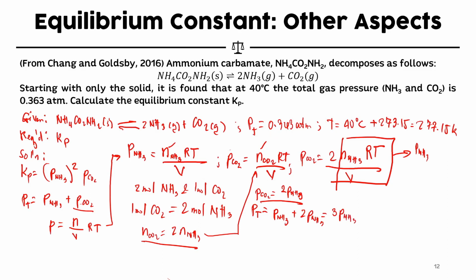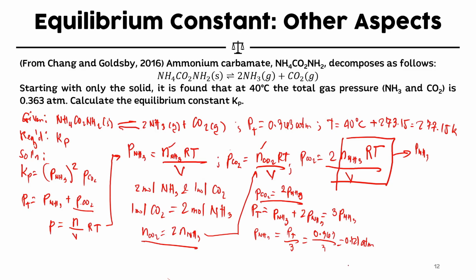And since the total pressure is given, we divide both sides of the equation by 3, so the partial pressure of ammonia is equal to the total pressure divided by 3, and that is equal to 0.363 divided by 3, and that is equal to 0.121 atmospheres.